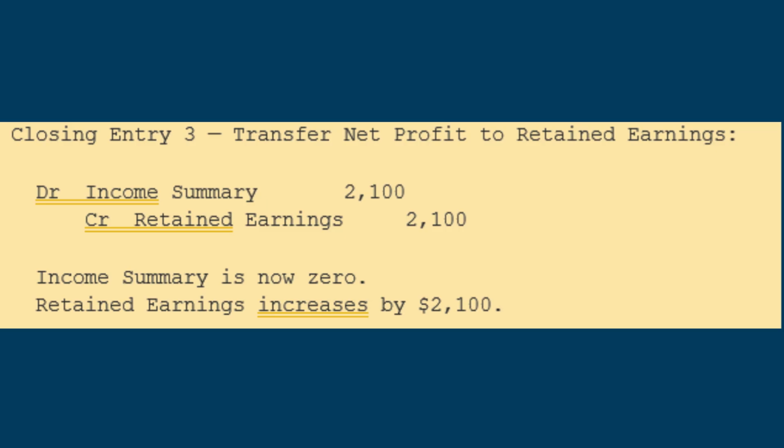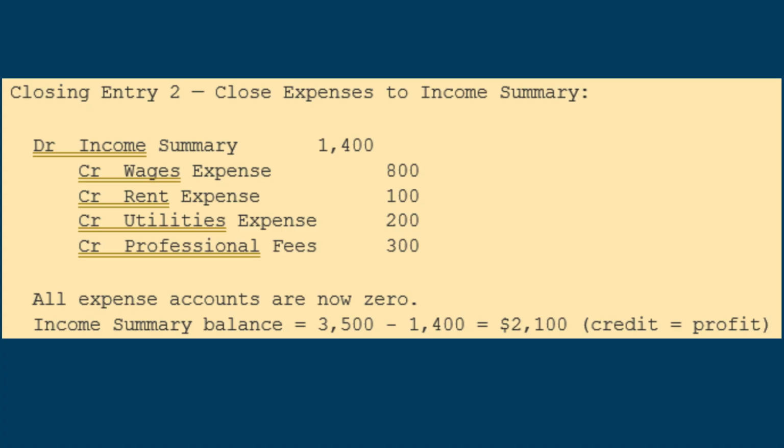Closing entries example. Here is how it works for Bright Ideas Limited. There are 3 steps. Step 1. Close all revenue accounts into a temporary holding account called Income Summary. Step 2. Close all expense accounts into Income Summary.